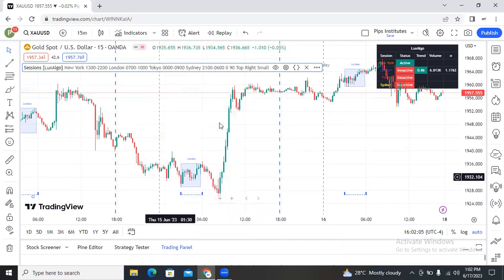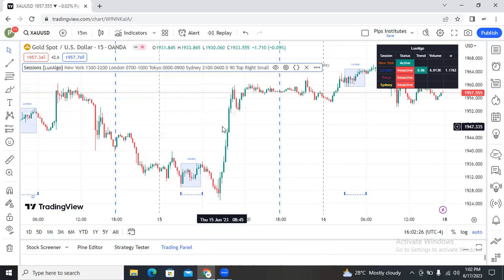So now it's time for us to go to the strategy proper. Like I said, during the London session, there's a major probability that the high of the day and the low of the day will be formed during the London session.